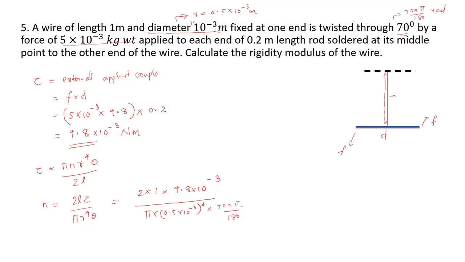So, let us solve for all these, and on solving we will get 8.798 into 10 to the power 10 Newton per meter square. So, the rigidity modulus of the material of the wire is 8.798 into 10 to the power 10 Newton per meter square.